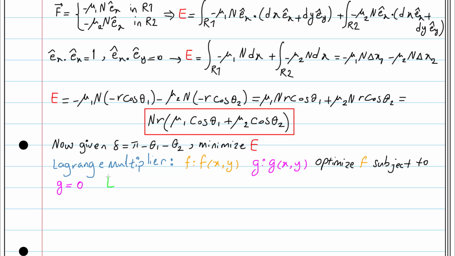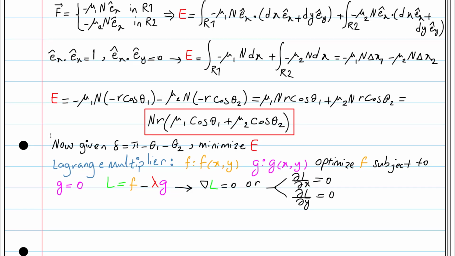We form the Lagrangian function, which is L equals f minus lambda g. In the case of an extremum, like a minimum or maximum, the gradient of L must equal 0, or the partial derivatives of L with respect to x and y both have to vanish. We box this recap.